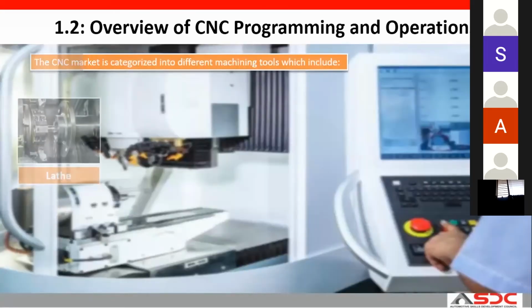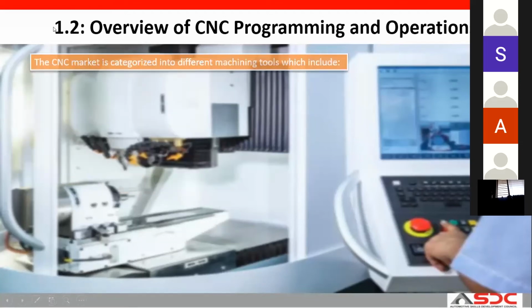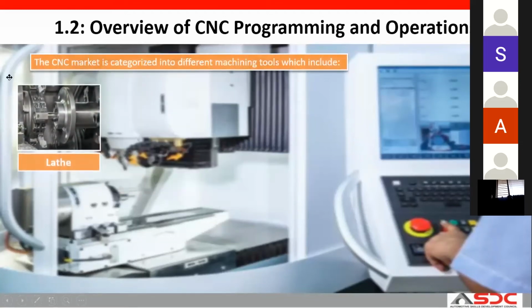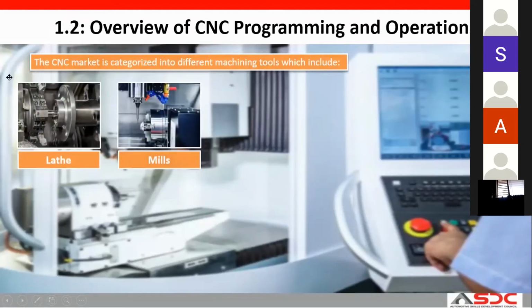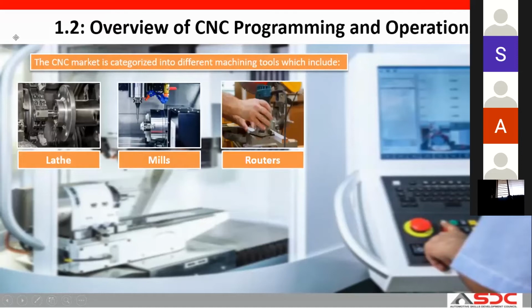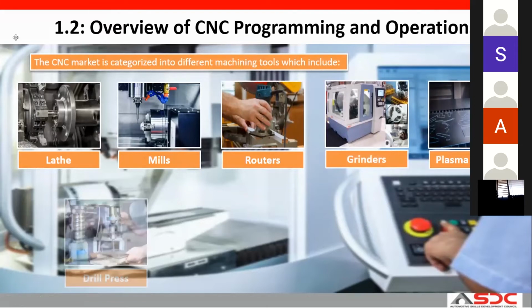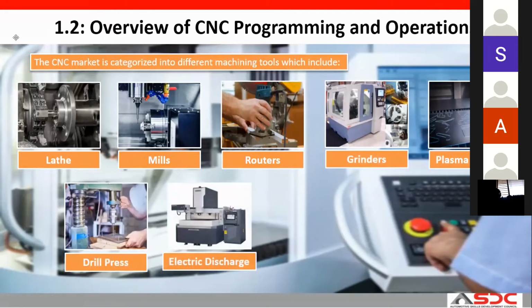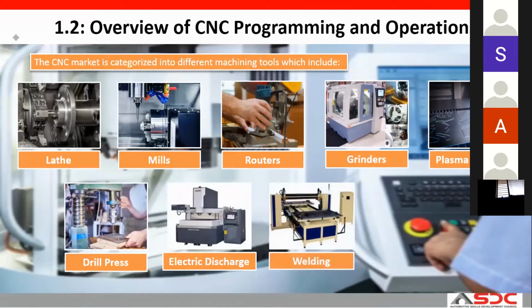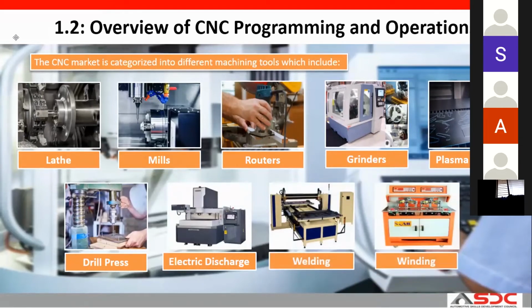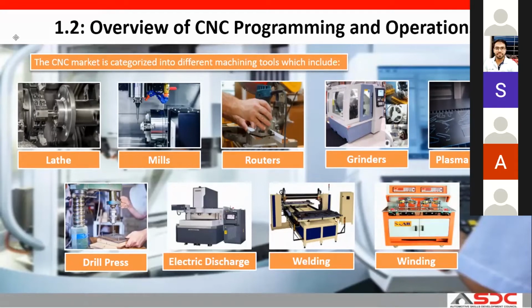Now, overview of CNC programming and operations. The CNC market is categorized into different machining tools like lathe, milling, routers, wood carving machines, grinders, plasma cutters, drill and press machines, and electrode stack. We can categorize them in two ways: we can use CNC technology with conventional machine tools and with unconventional machine tools.